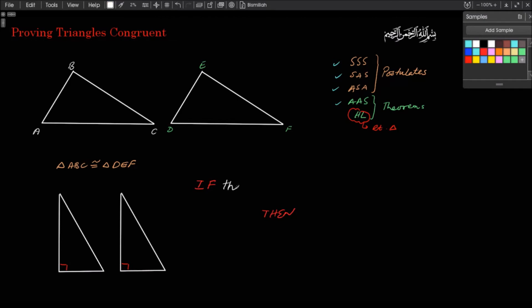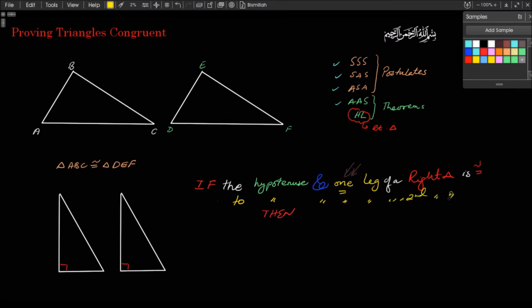It states that if the hypotenuse and one leg of a right triangle are congruent to the hypotenuse and one leg of a second right triangle, then the right triangles are congruent. This theorem only applies to right triangles.